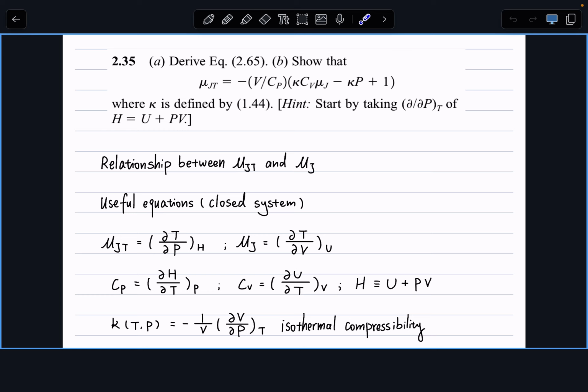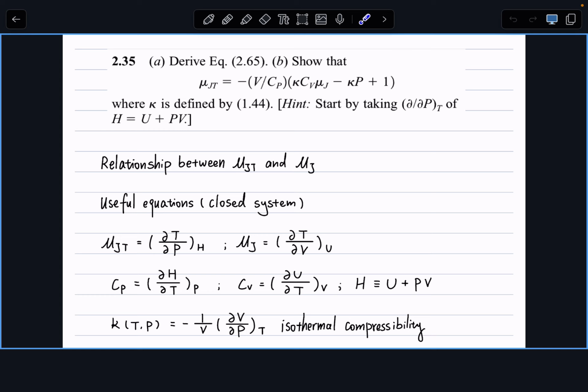After moving the terms, which is multiplying by Cp and by negative on both sides, what we end up getting is negative Cp mu JT equals V times chi Cv mu J minus chi P plus 1.